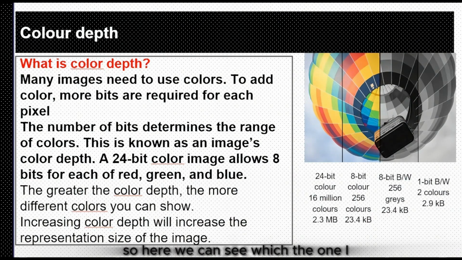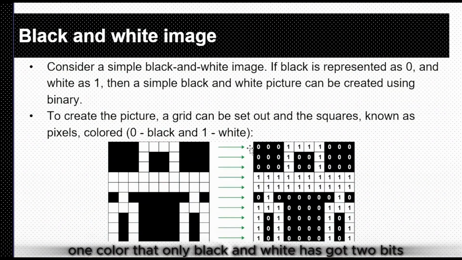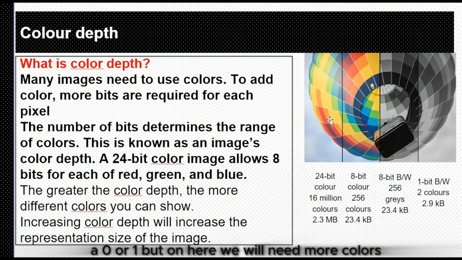This is the one I showed you earlier on. Black and white has only 2 values, a 0 or a 1. But here, we will need more colors. The color depth is basically the number of bits that determine the range of colors. This is known as image color depth.